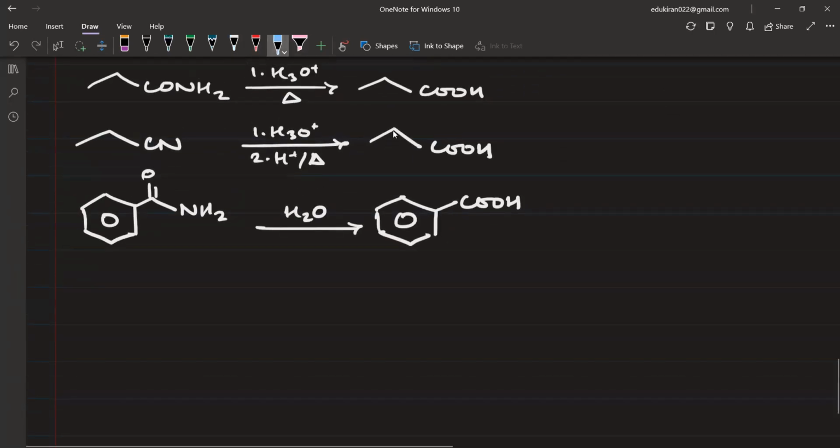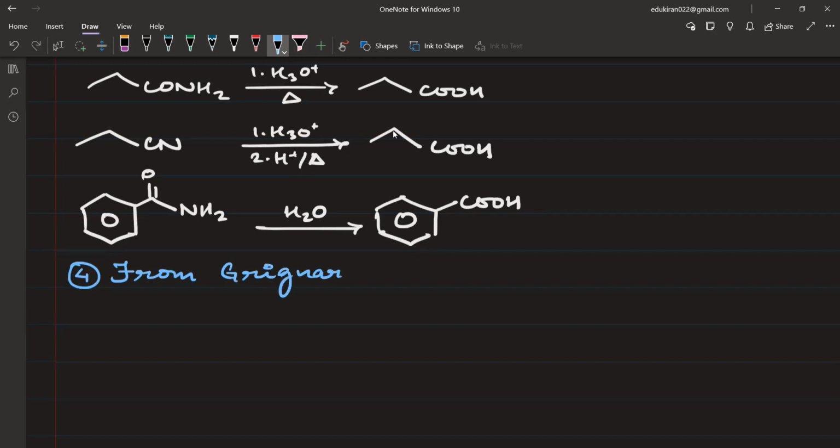Right, the fourth one. From Grignard reagent. In Grignard reagent, you have RMgX plus you add carbon dioxide.